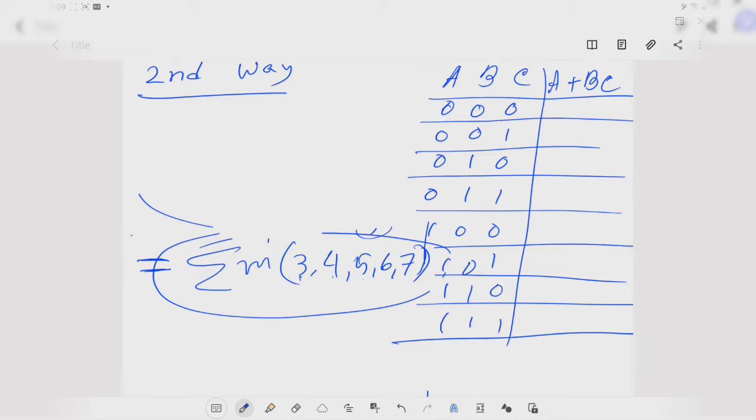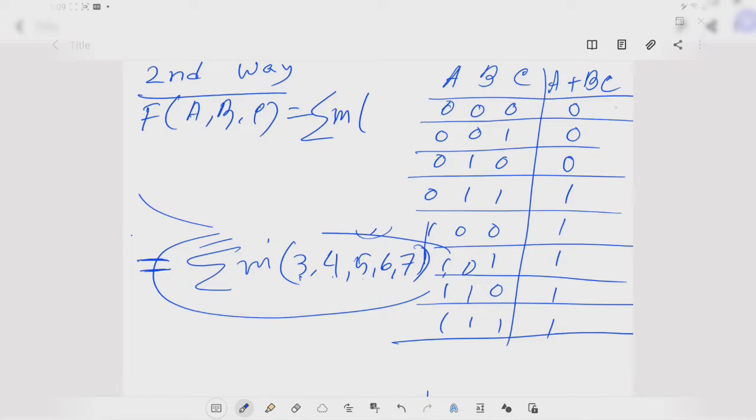So do we have for the first one? It's 0. For the second one, it's also 0. A plus BC is also 0. Then BC 1, 1, 1, 1, 1. So it's very easy. Now we can express the function f(a, b, c) in terms of the minterms m of. So where do we have the ones?